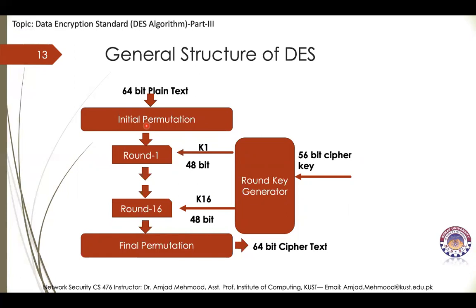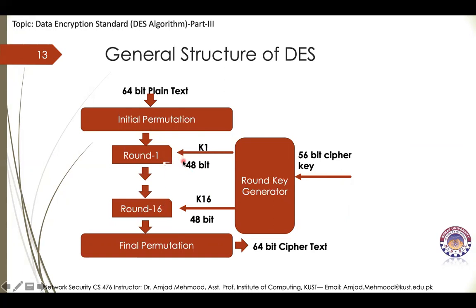As you know, 1 bit is used for parity checking, and then it will pass to round 1. So you need a 48-bit key. The 56-bit key will be converted in the key transformation operation to 48 bits, and this will be passed to the 16 rounds.